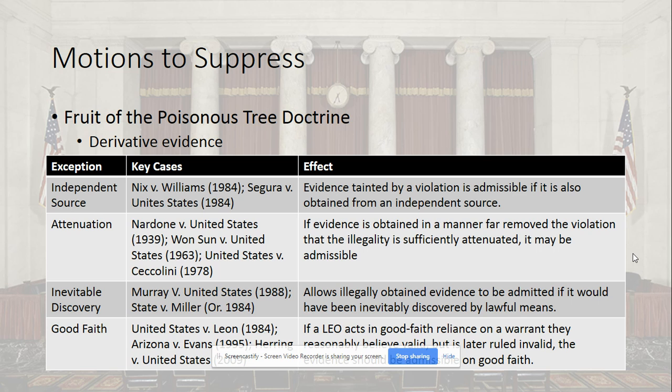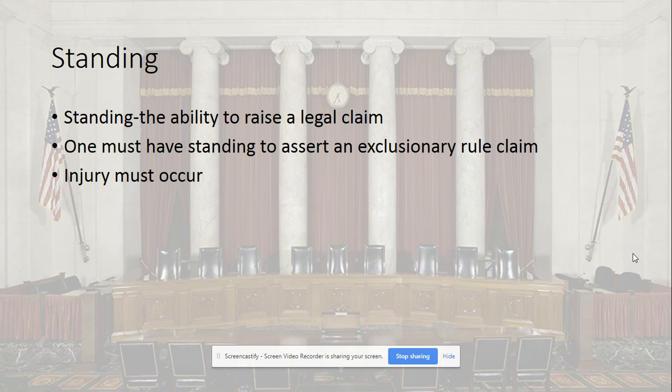So it's a mess. Okay, so the last couple things here is that you have to have standing, which is the ability to raise the legal claim. So you have to have standing to establish a criminal charge. You have to have standing to assert an exclusionary rule claim. Basically, the evidence that you're trying to exclude has to apply to you, and then there must be an injury that occurs.